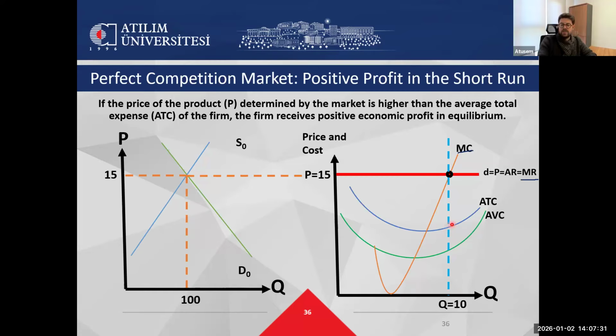The intersection point on the blue line gives the average total cost, and the intersection point of average variable cost shows the average variable cost. Then we can calculate the profit, which is 70. So we see that when price is greater than the minimum point of average total cost, we get positive profit.